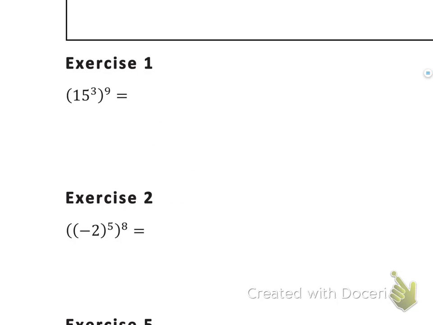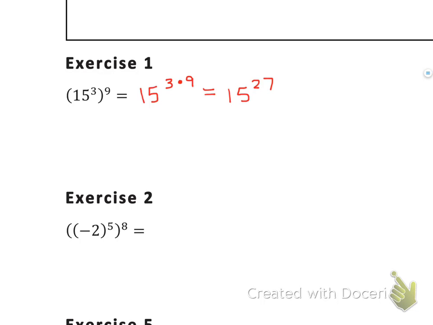If we look at exercise 1, we're raising 15 to the 3rd power and then taking that value to the 9th power. That is the same thing as 15 to the 3 times 9, and we can write that as 15 to the 27th.